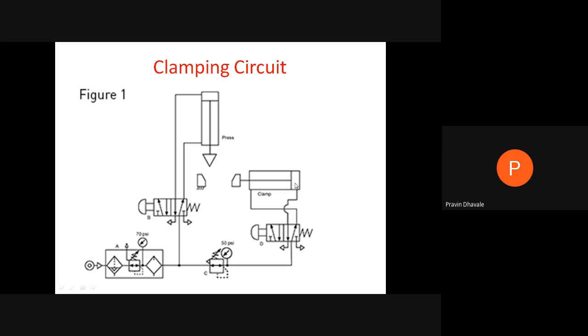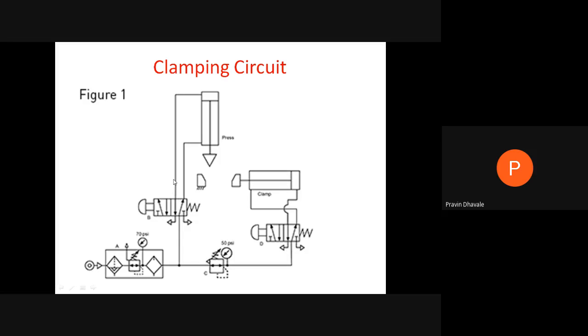Whatever air is coming over here will be stored here. It will move this piston in an outward direction, because of that clamping takes place. At the same time some amount of air will be passing over here when you are actuating this position. This will connect this point with this point, means this connection will happen, right?